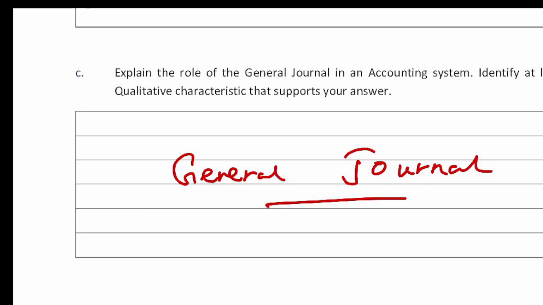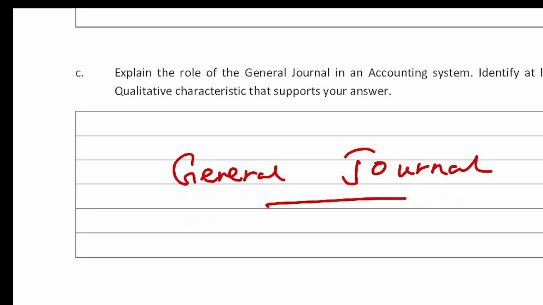In terms of the characteristics we can say a few things. We can say relevance. How many characteristics are there? 6. Very good.